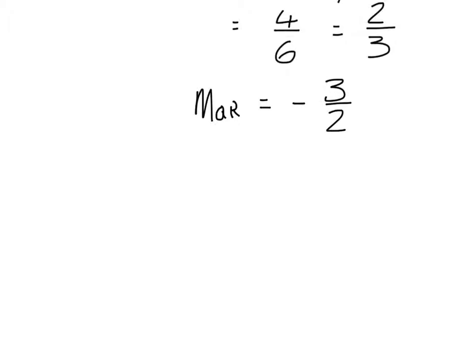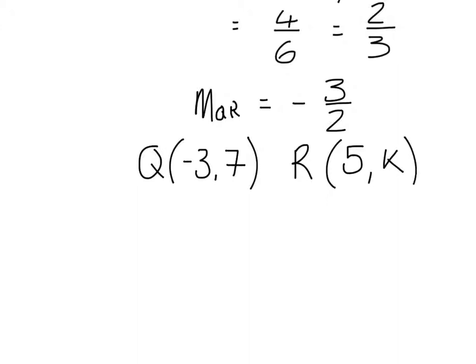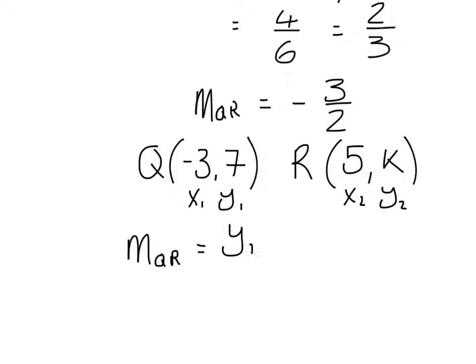So now that we know that, we can use the gradient formula to work out the value of k. The 2 points on the line were Q (-3, 7) and R, which is (5, k). So that will be our x1 and y1 and x2 and y2. So the gradient of the line QR using the gradient formula is y2 minus y1 over x2 minus x1.